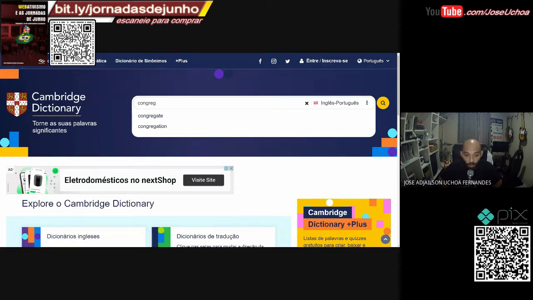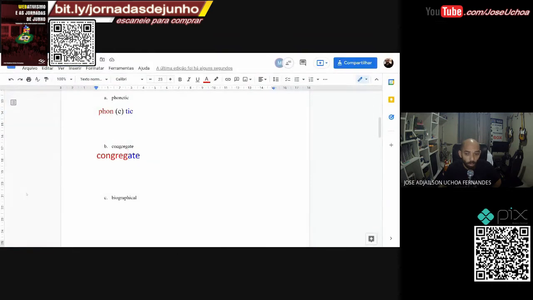Congreg. How many words can you derive out of congreg? In the dictionary, we saw just congregation and congregate. Again, sorry, if you are not seeing the screen I'm referring to, please let me know, okay? Because sometimes I forget to share. So what other words can you derive out of congreg?